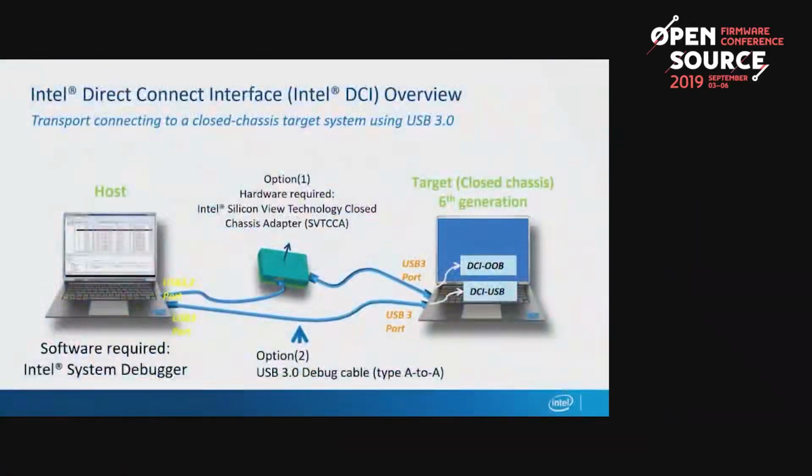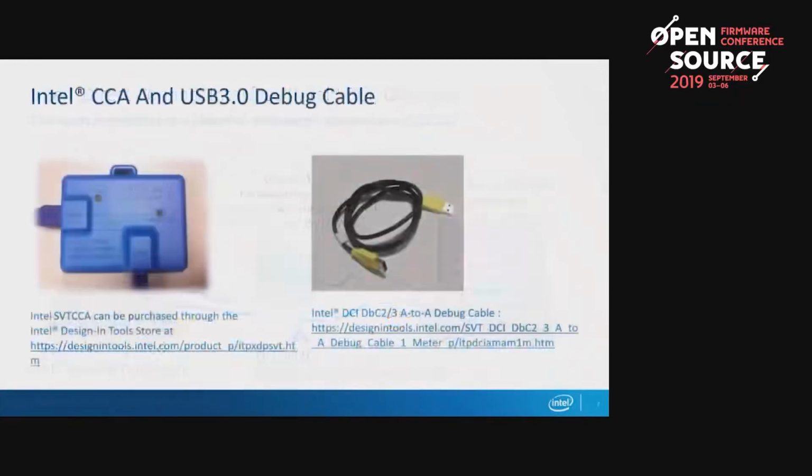So let's talk about DCI. There are two ways you can do it. DCI is supported from Gen 6 platforms and beyond. If you wanted to use it on previous platforms as a host, you can use something called the CCA, a closed chassis adapter that implements DCI for the host, and it'll work as well. The CCA is available through Intel, and it costs about $400.